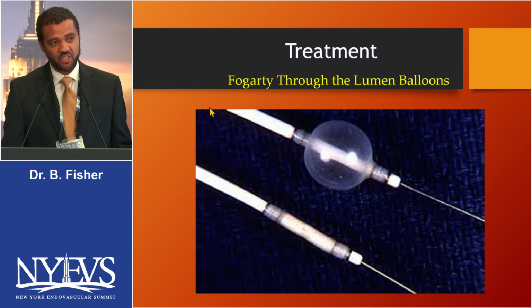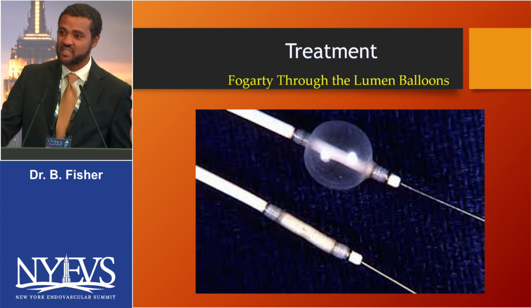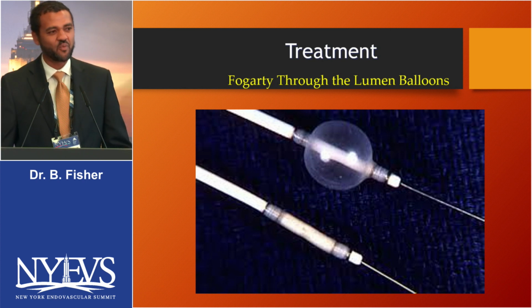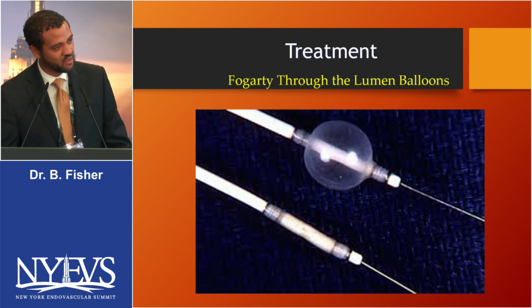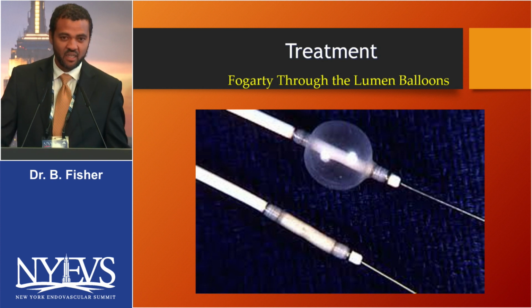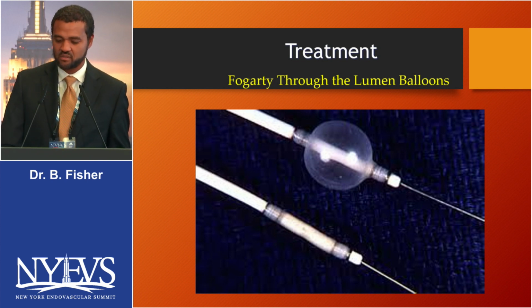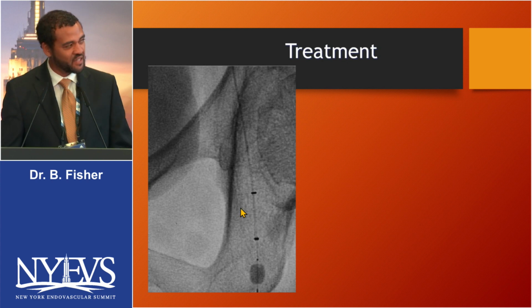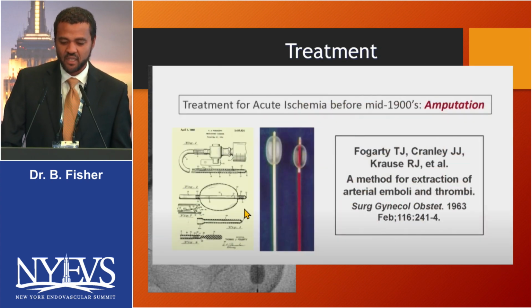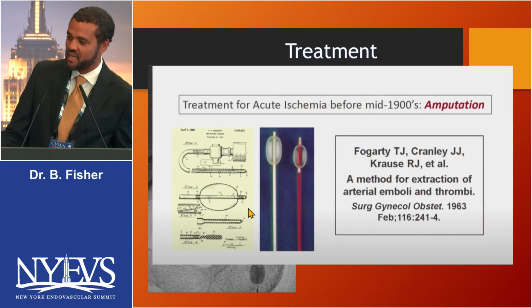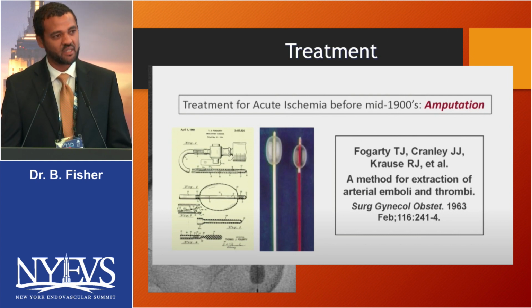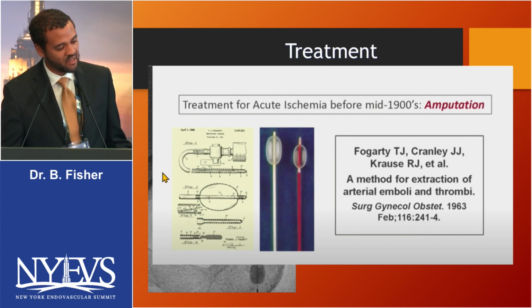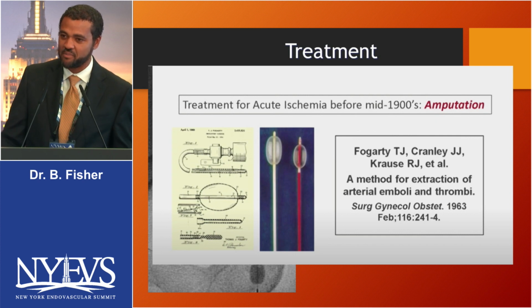And I'll share with you in a moment why that was important, because as you can imagine, what was the limb loss rate for patients presenting with acute limb ischemia in, let's say, the early 1900s? It was in all likelihood extremely high. And because of the resultant outcomes in patients with a dead leg, if you didn't treat that appropriately with amputation, the mortality rate obviously went through the roof.